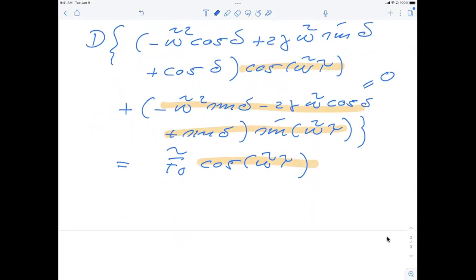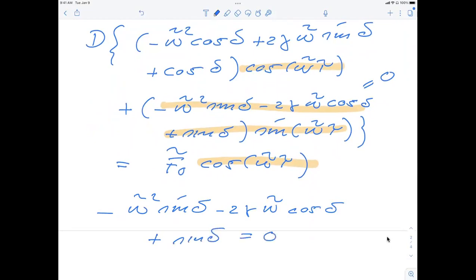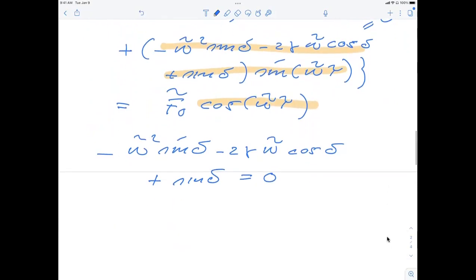If we take this sine piece, we have an omega tilde of a sine of delta, and then we have minus 2 gamma of omega tilde cosine delta, and this is plus a sine delta equal to 0. So that's one requirement, and then we have the one with the cosines, but let's just take this one first, because that's going to be the key to the solution here.